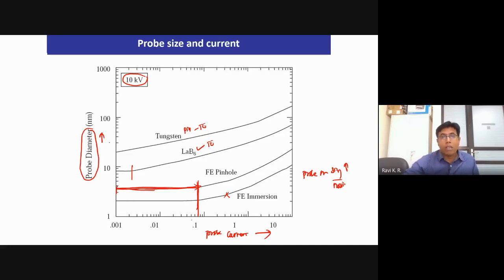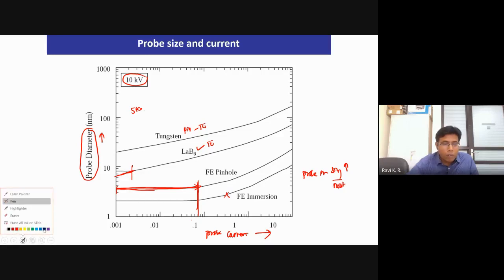Let's say that you decrease the kV, to 5 kV. What can happen is this will come like this. You will get a slope, but this region will come down.